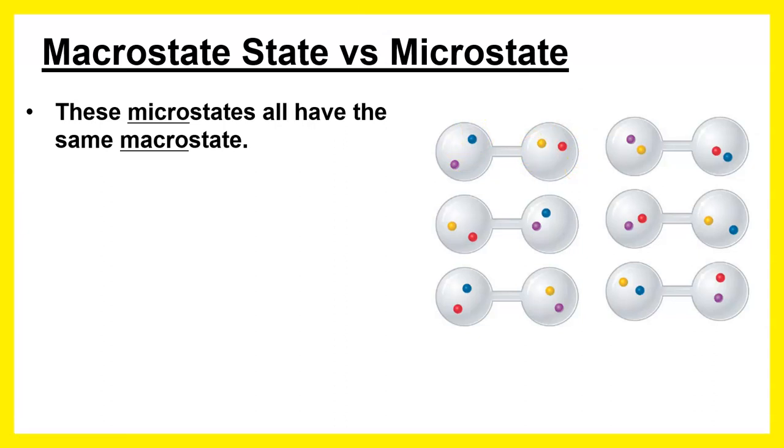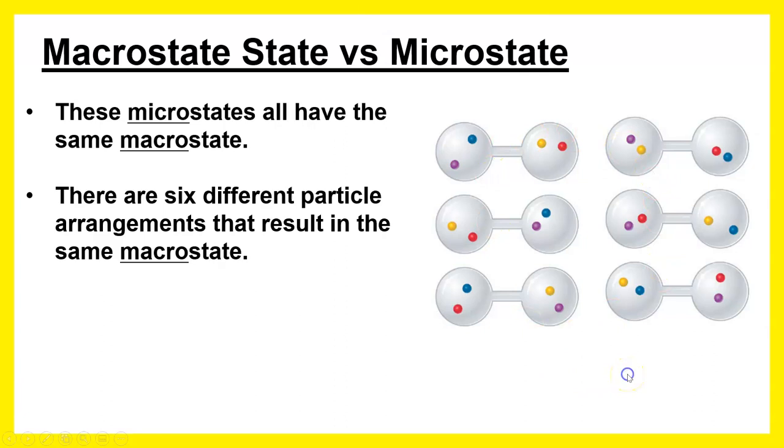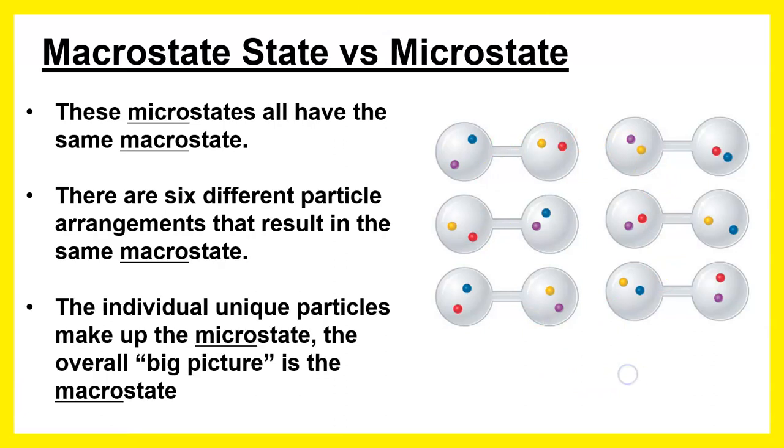No matter what, each picture, each arrangement has 2 dots on the left and 2 dots on the right. They are equivalent, right? But when you look more closely, can you see how the colors of the dots are different in each picture? So even though these all have the same macrostate, they all have slightly different microstates.